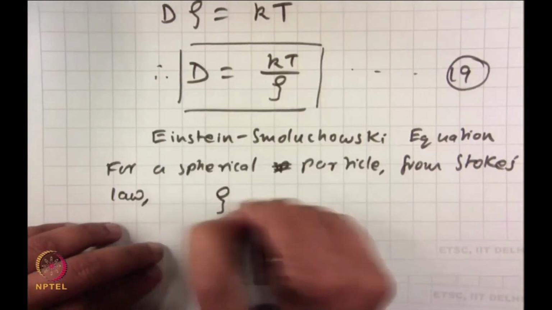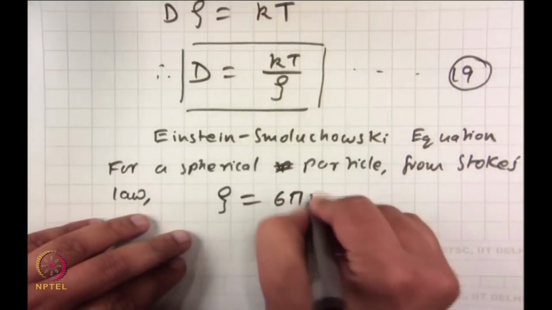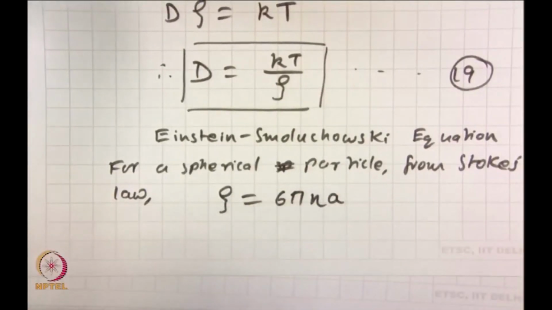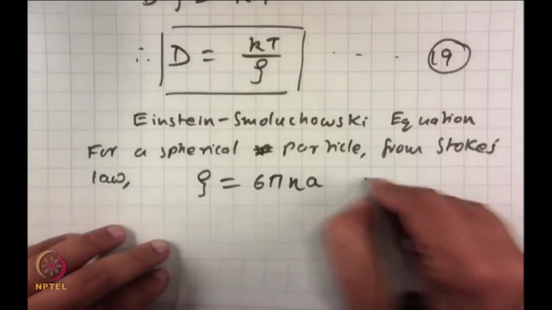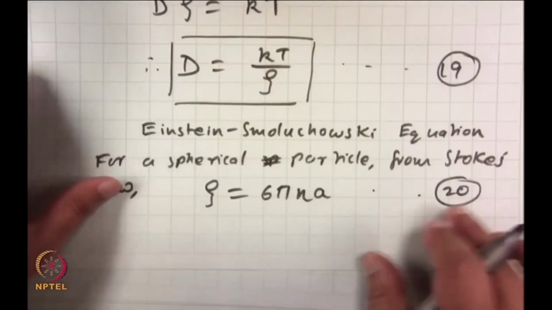The friction coefficient is equal to 6 pi eta A, or R, does not matter, right. Eta is what? The viscosity. Okay. So, if this is something you know already, then you put it here, use 20 in 19, and this is what you get.